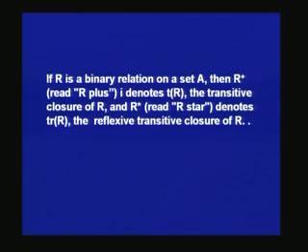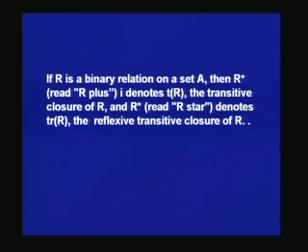And R star is read as R star, that denotes the reflexive transitive closure of the relation R. So, instead of R T R, which is T R R as we have seen, you use R star.